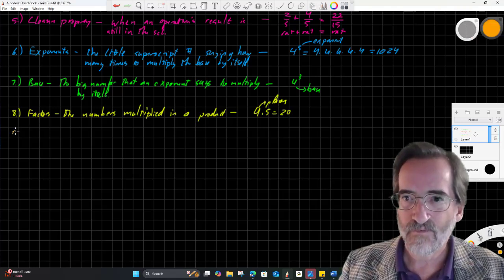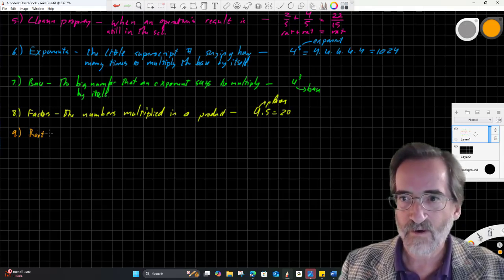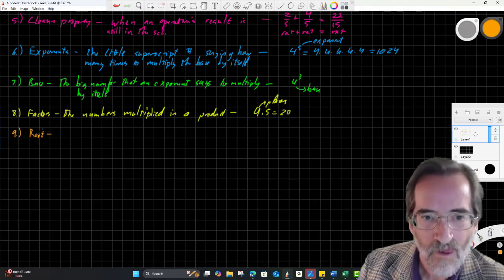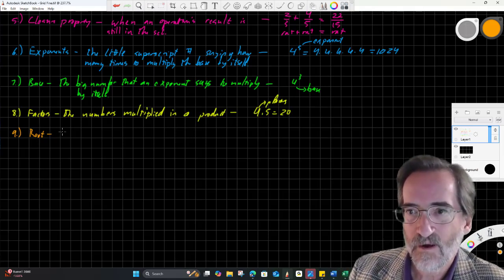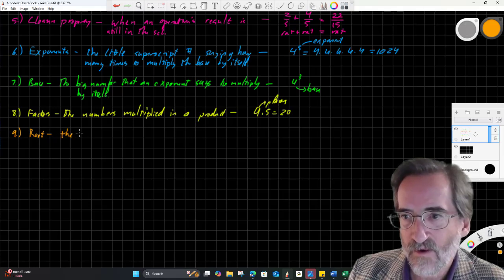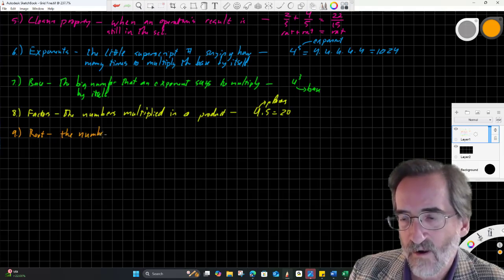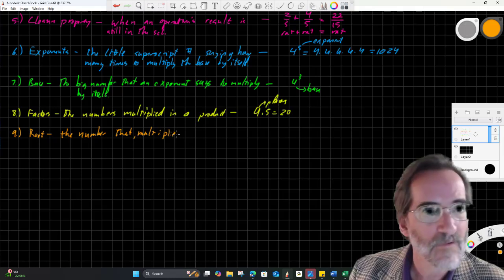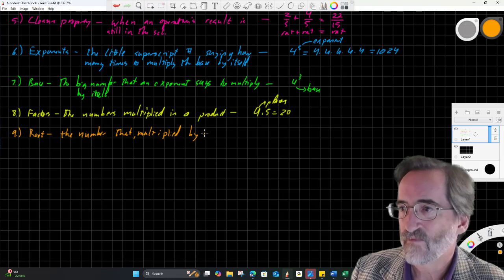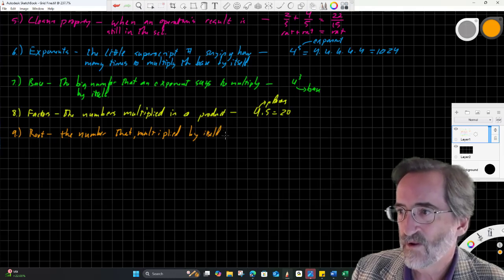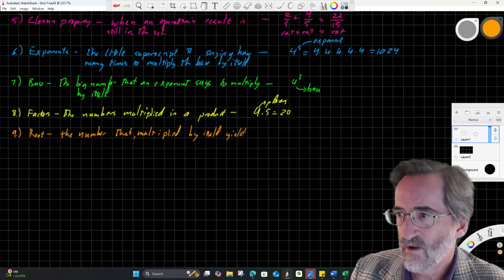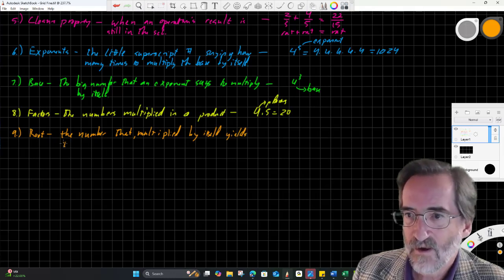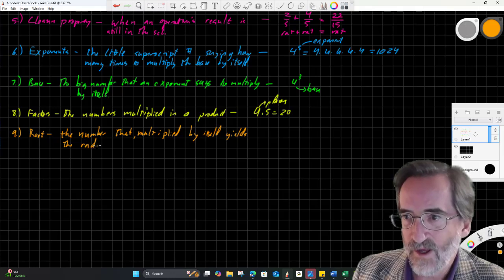Nine. Root. The number that multiplied by itself yields the radicand.